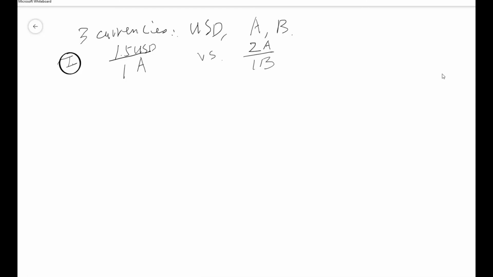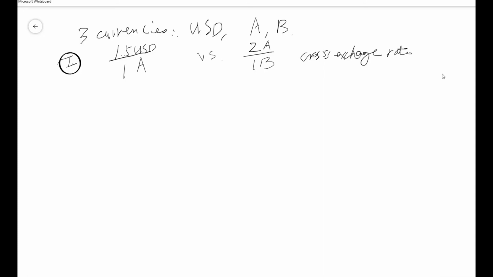We are not going to mention whether it's direct quote or indirect quote. Suppose the next country is A, then this is direct quote, otherwise it's indirect quote. This is the cross exchange rate.